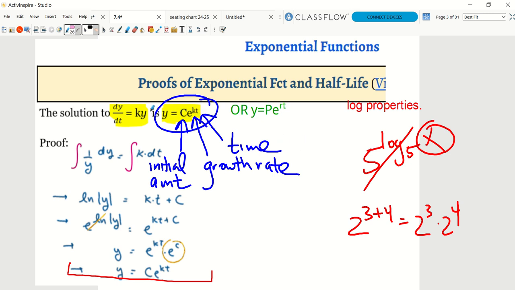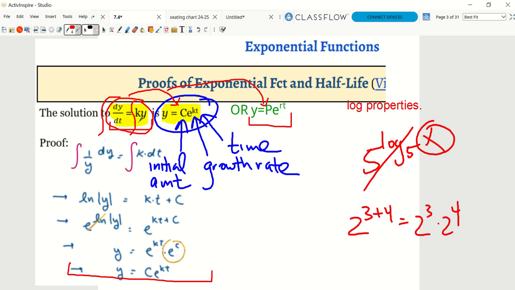Now, sometimes in calculus they're going to give you this, but if you take the antiderivative of this, you're going to end up getting this or that. I like using this version. So when you see this, just jump straight to here.